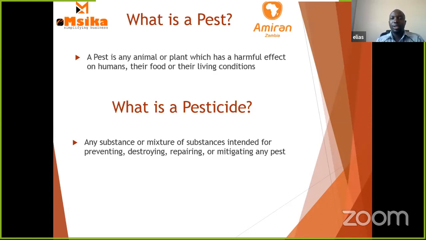It can also be a disease. It can also be a weed in the field. And a weed in this regard can be any crop that we haven't planted, which is regarded as a pest as well. So it has to be dealt with in that case also. So when you buy a weed killer to go and control the weeds in the field, it's a pesticide. So that's what it means.